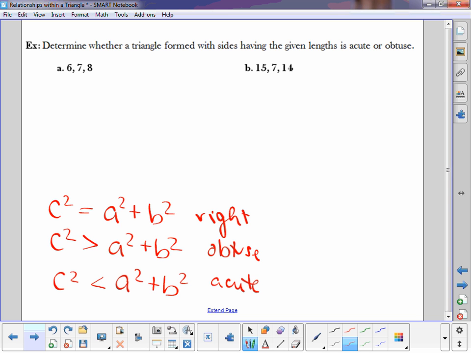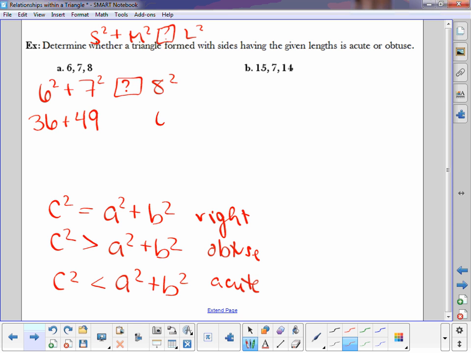Again, we want to compare small and medium with my large. So 6 squared plus 7 squared, how does this compare to 8 squared? What is 6 squared? 36. 49. 64. We're still trying to figure out that sign.